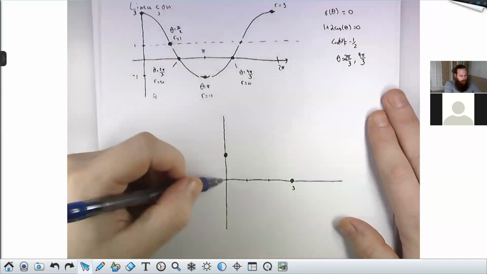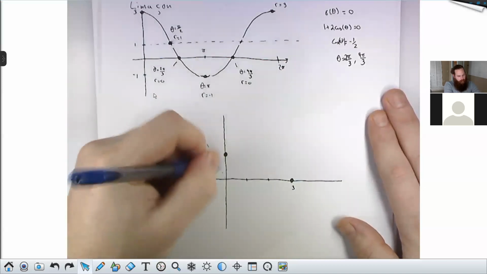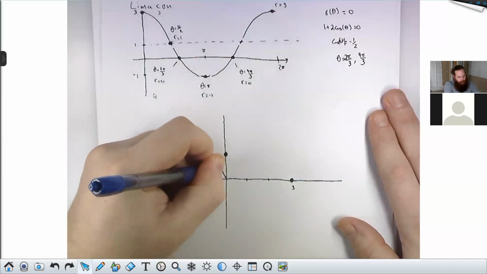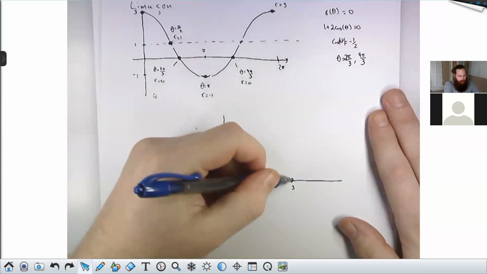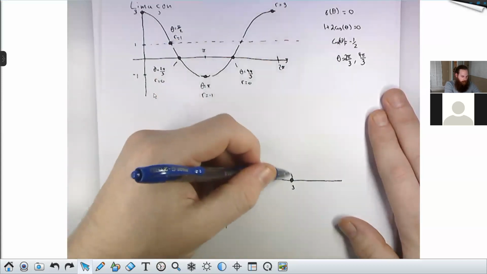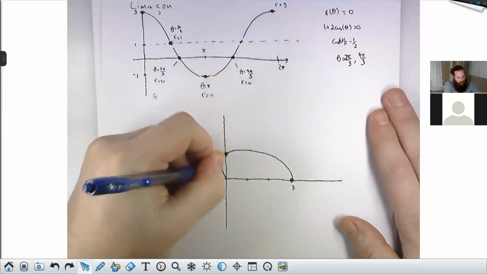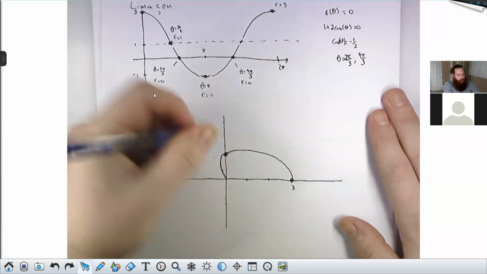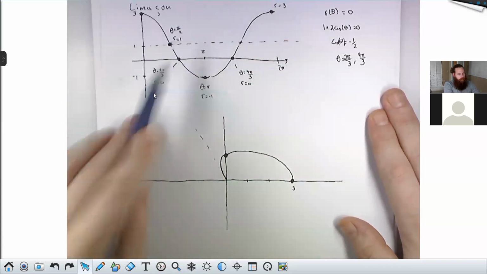And then by the time we get to the 2 pi over 3 ray, which is like this, we will have come back into 0. So something like this is going on here as theta runs from 0 to 2 pi over 3.